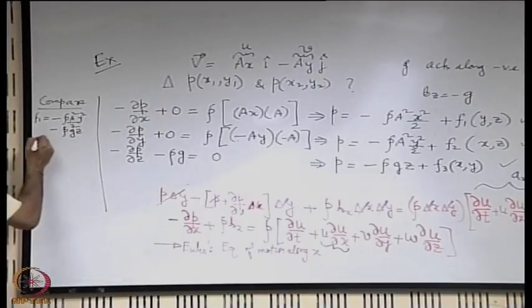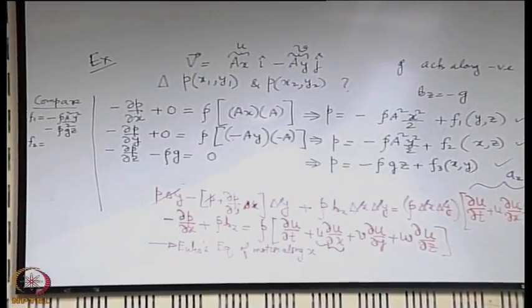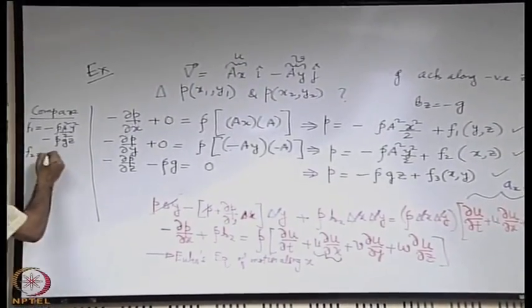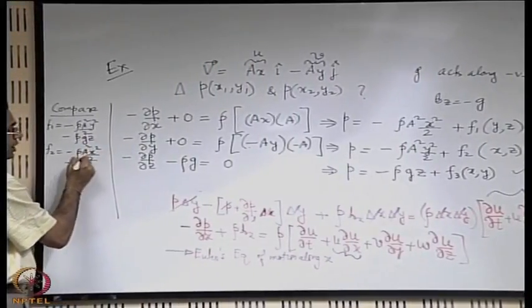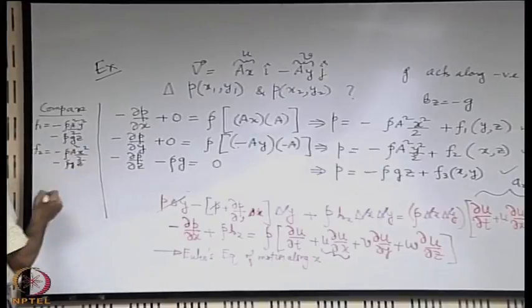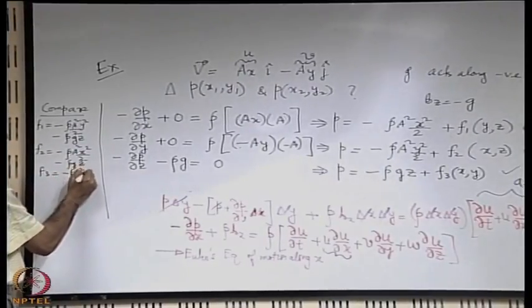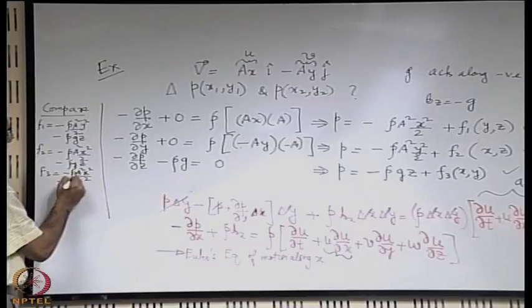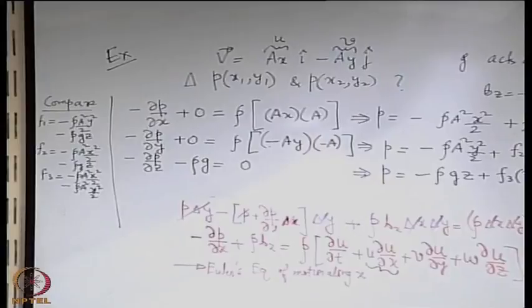f2 is a function of x and z, so minus rho a square x square by 2 minus rho g z, and f3 is minus rho a square x square by 2 minus rho a square y square by 2.